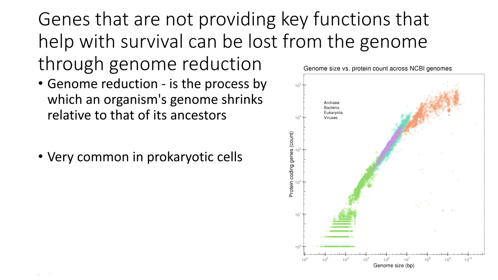Once you start getting up into eukaryotes, they have a lot more non-coding regions of DNA that don't directly relate to the encoding of a protein. With bacteria and archaea, what they'll do is shed genes that aren't essential. This is very advantageous when you're thinking about a single cell and the energy it takes to replicate a genome. Shedding things that aren't adding to your cell can be a very powerful tool.